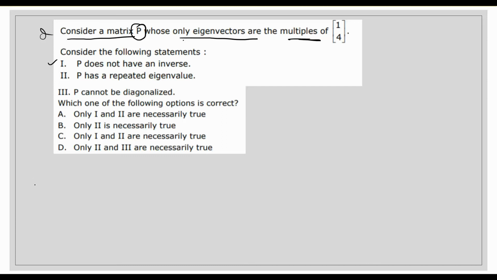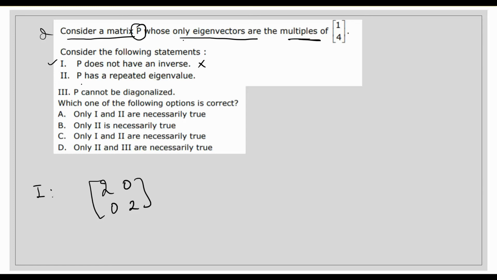For example, if you take 2 0 0 2, you can see that I have repeated eigenvalues, and they can have only one eigenvector, but it doesn't mean that they cannot have an inverse. So this statement is wrong. P can have an inverse.